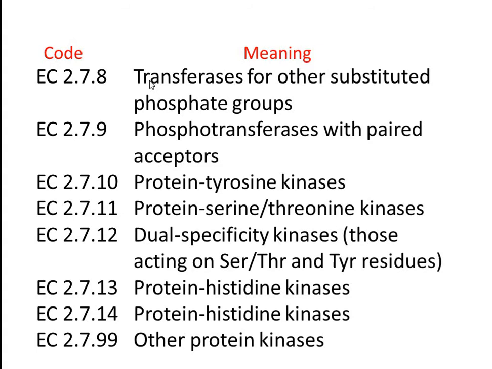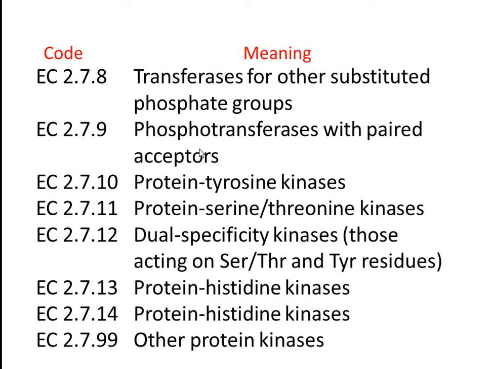If the third digit is 8, then it indicates that these are the transferases for other substituted phosphate groups. If this third digit is 9, it indicates that these are the phosphotransferases with paired acceptors. If the third digit is 10, then it indicates that these are the protein tyrosine kinases.